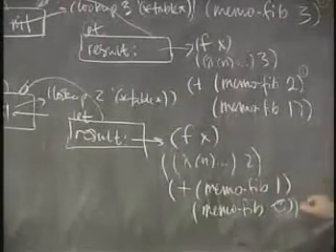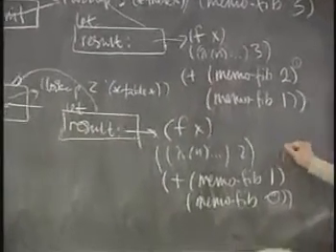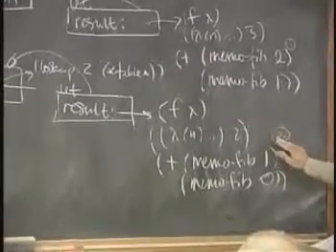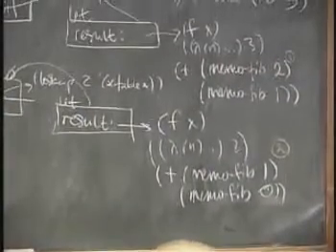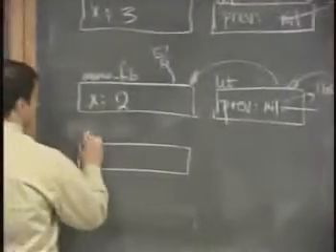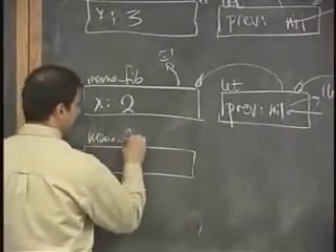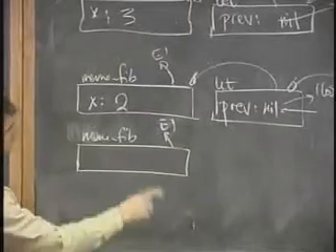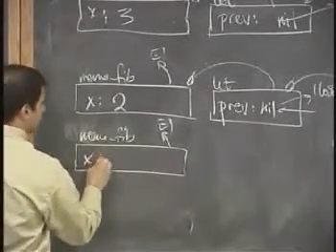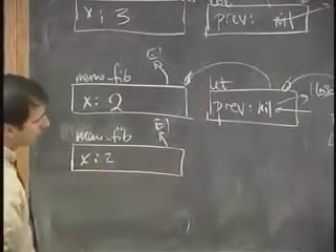So let's take this one here, which will be 2. And so we start another one of these. Memofib points to E1. X is 1.